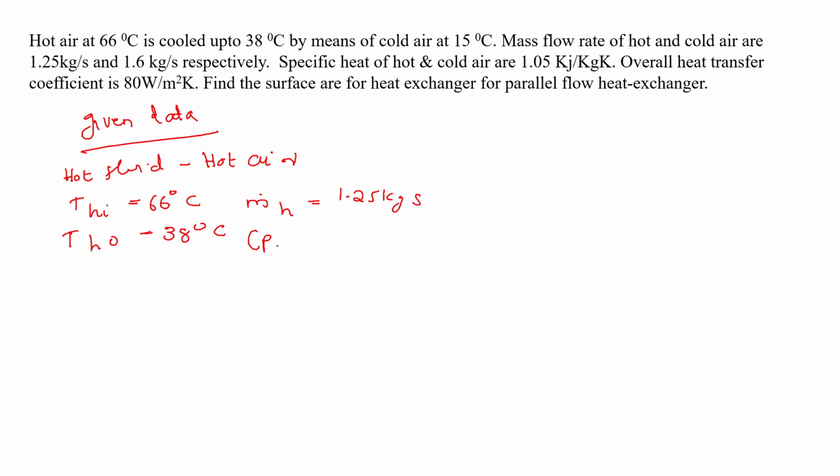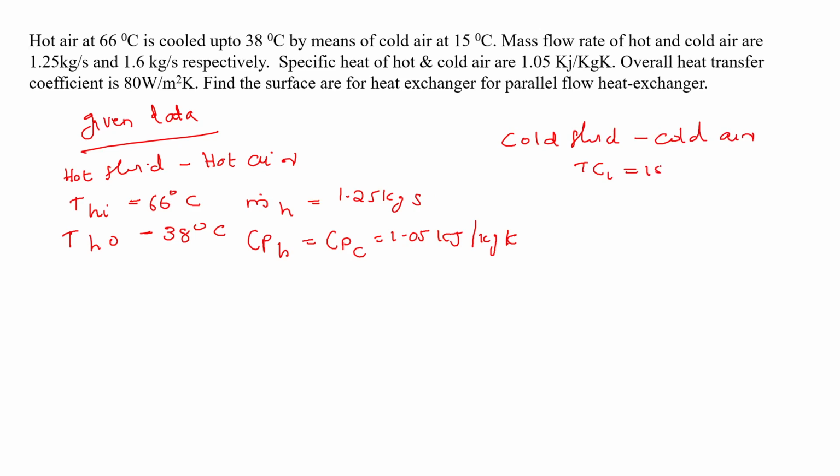CPH is equal to CPC, which is 1.05 kilojoule per kilogram Kelvin. Next, the cold fluid, cold air: TCI is 15 degrees Celsius, the mass flow rate is 1.6 kilogram per second, and U is given as 80. So A is what you have to calculate. These many values are given.